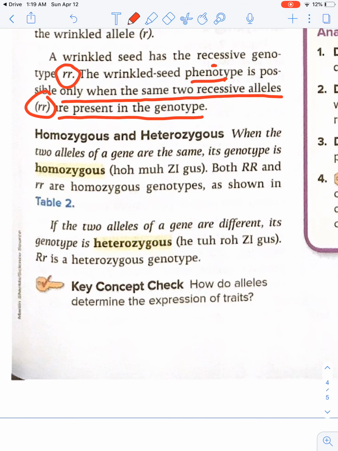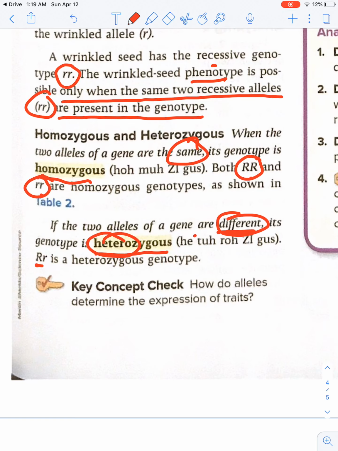All right, we use the words homozygous and heterozygous. I've been using those words, so let's review them. When the two alleles of a gene are the same, the genotype is homozygous. Both big R, homozygous dominant, and little r, homozygous recessive, are homozygous genotypes, as shown in Table 2. If the two alleles of a gene are different, its genotype is heterozygous, because different and hetero mean the same thing.